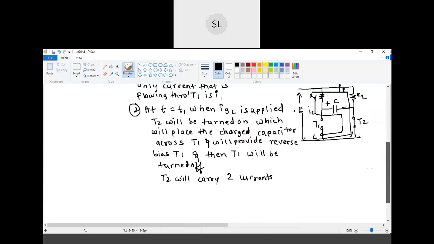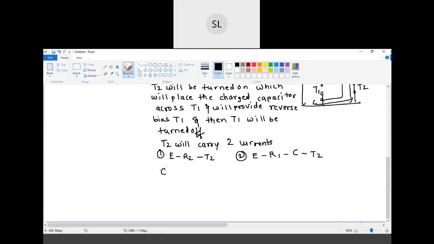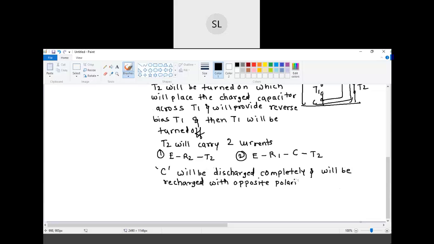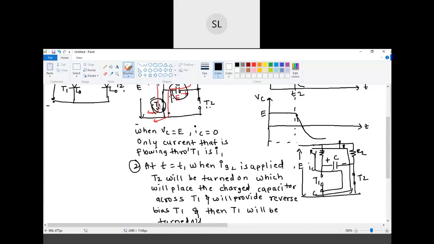Okay, पहिला कुठला आहे तर first one is through supply voltage, R2, T2 and second one is from supply voltage E, resistor R1, capacitor C, T2 back to the supply voltage E. Okay, so because of this, capacitor will be first of all discharged completely and will be recharged with opposite polarity, that is now the voltage across capacitor will be equal to minus E. Okay, so the voltage across this capacitor will be equal to minus E, right?